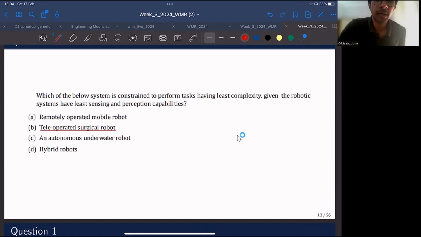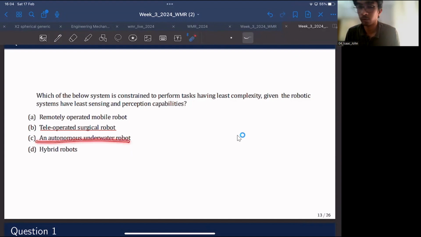But the task complexity is very high, because a surgical robot does very intricate tasks. You know how intricate stitching, suturing, and all those things are. It's very highly complicated. And then what about the autonomous underwater robots?